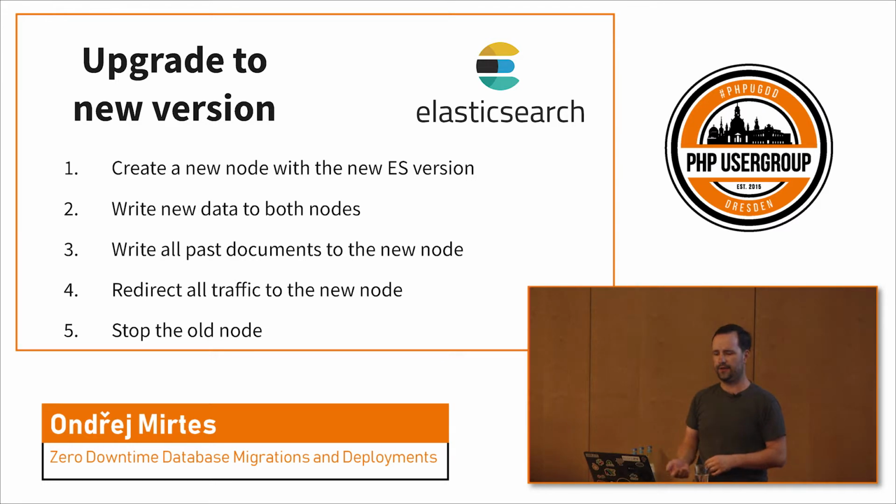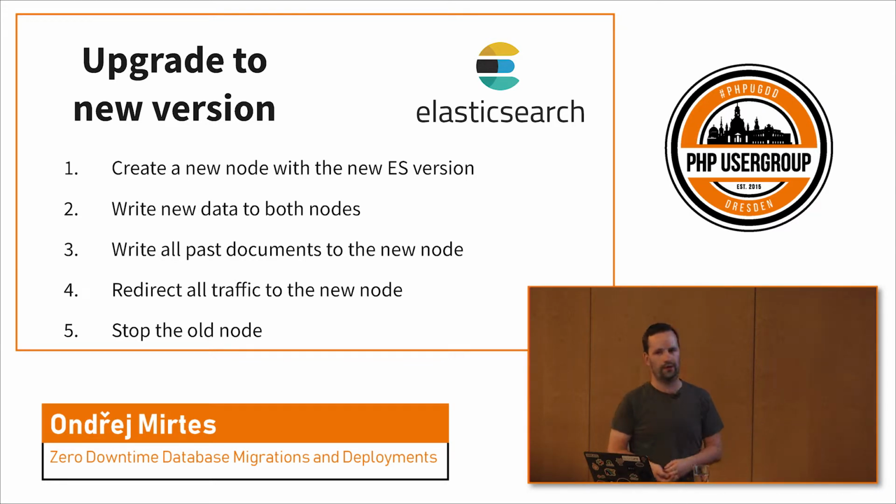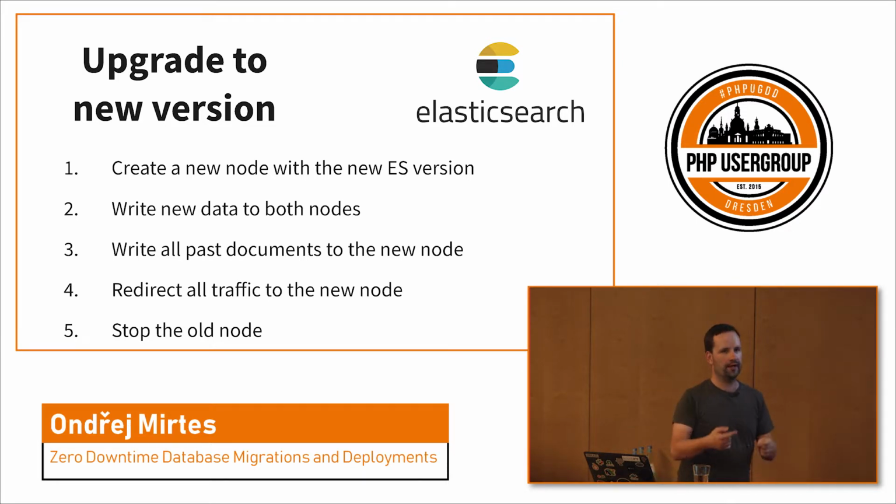And if everything works as expected, you can stop the old node, and now you have upgraded the Elasticsearch server without any downtime. So this is a very safe approach. It will probably take a little bit more time, but it's very bulletproof and very safe.